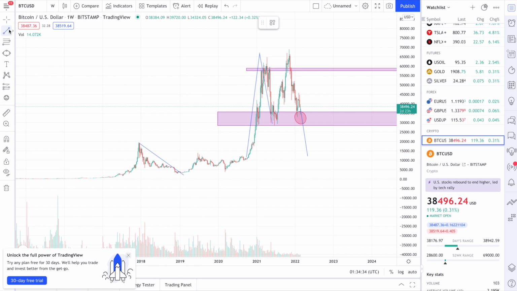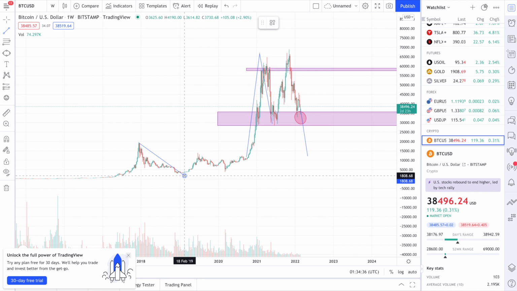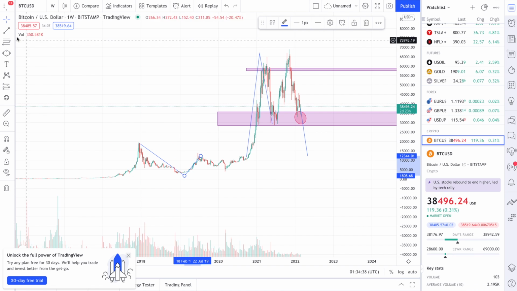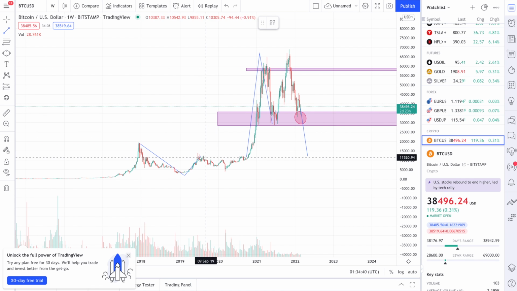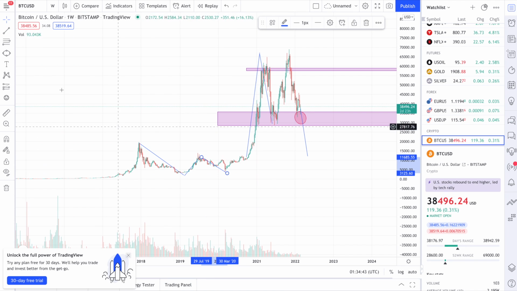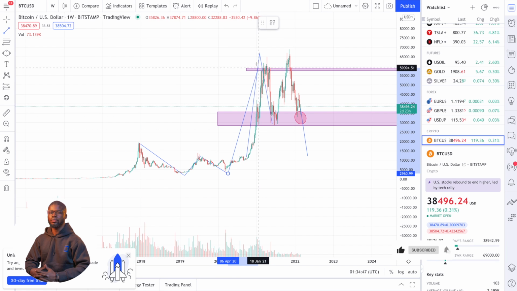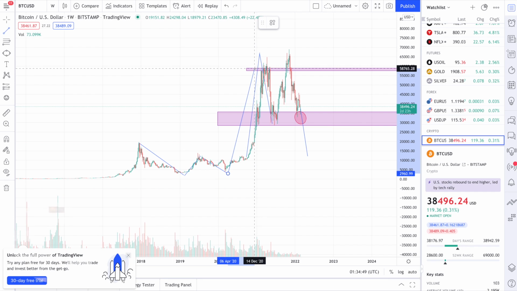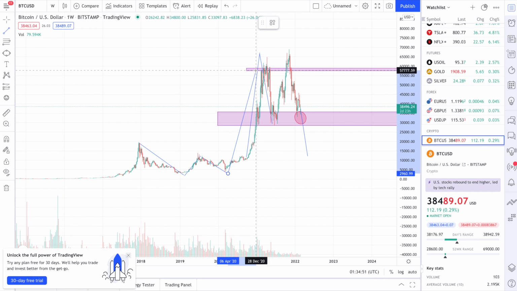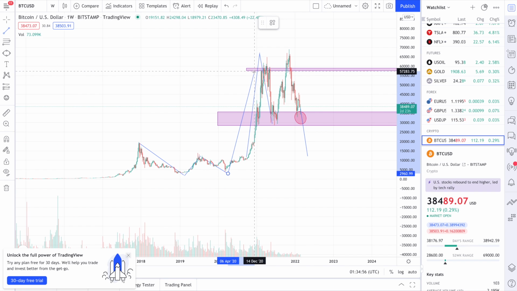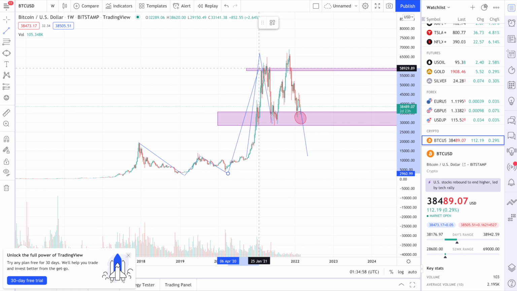For me, I'm seeing quite a squeaky W formation, so to say, a pretty crazy W formation. Only crypto markets print such formations. It's squeaky, but you can still interpret something from it.